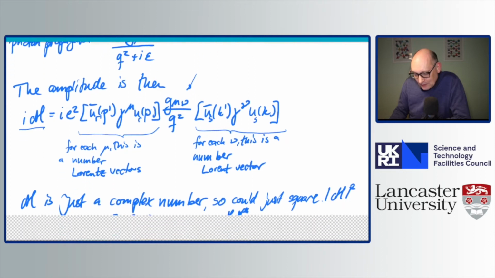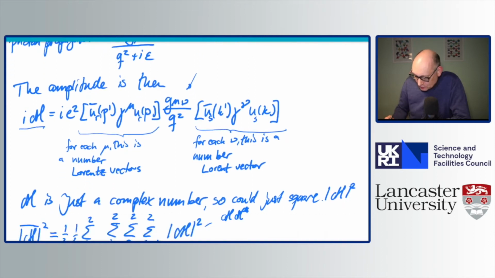You would get the same thing when you form the complex conjugate of the amplitude, but you would be wise in using a different internal Lorentz index for constructing the sum. So if you used, for example, mu to contract the electron line with the muon line in the amplitude, then you should use another, say, nu, in contracting the electron line with the muon line in the M star.